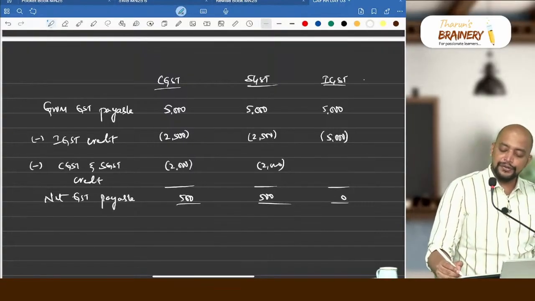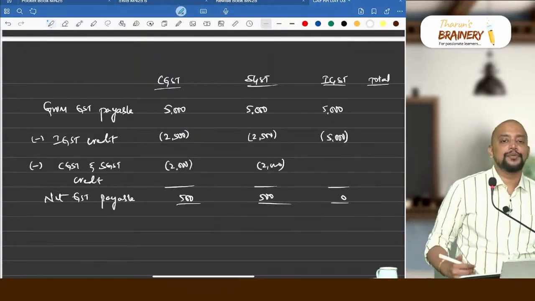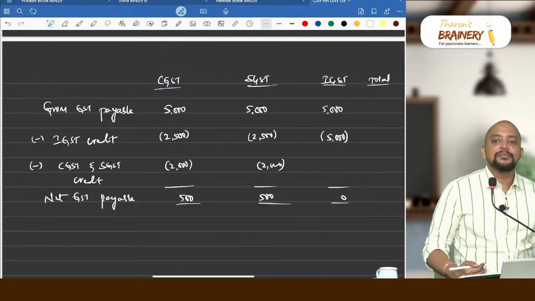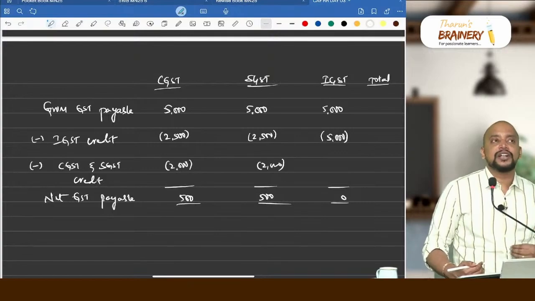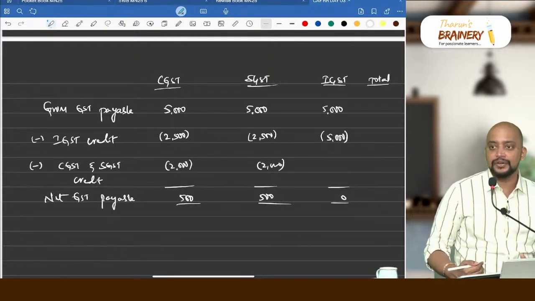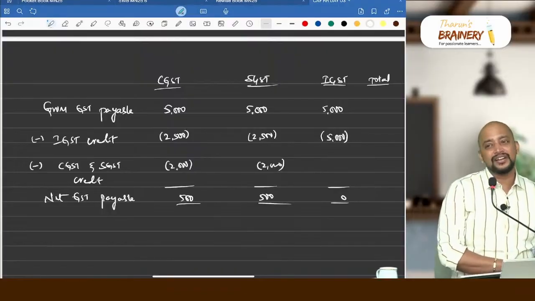Now whenever you do this computation in exam, kindly put the total column also, because there will be multiple answers possible. When multiple answers are possible, they may not award the marks if it is not matching with the key, because not all educated people are evaluating. They will not read properly.